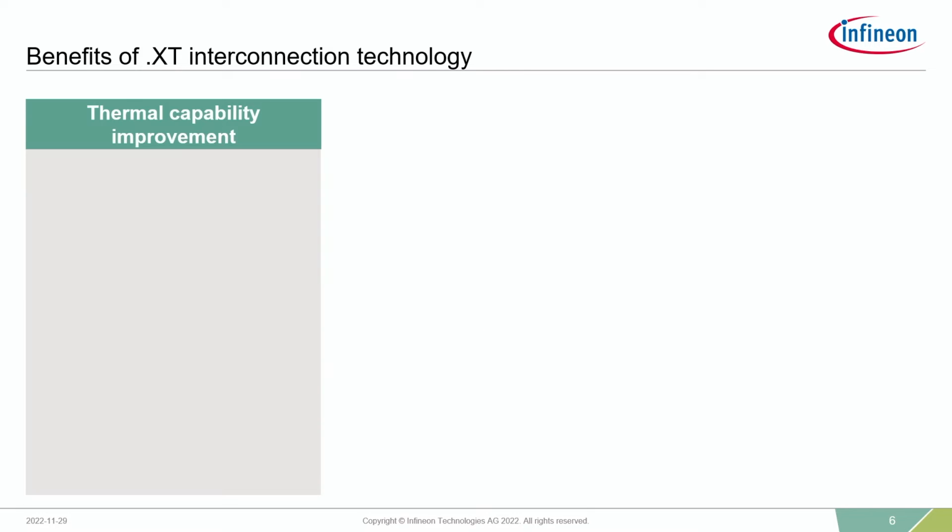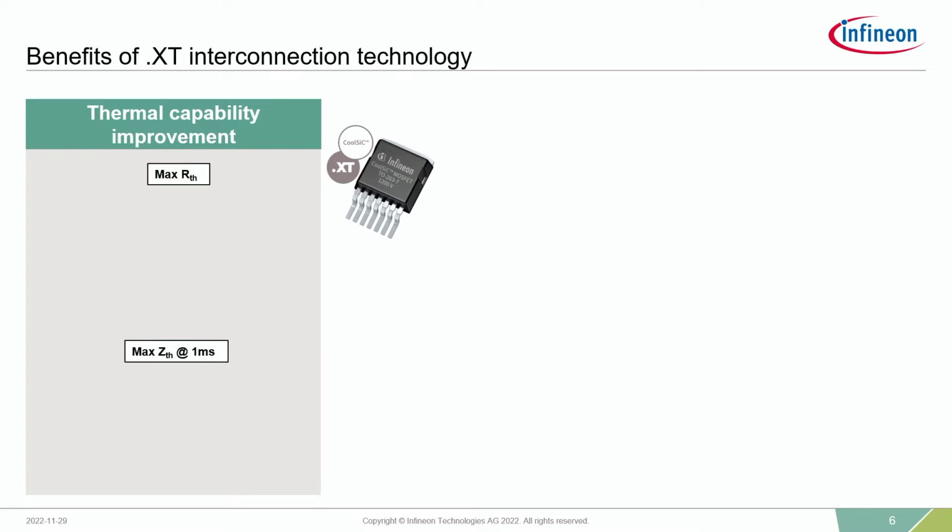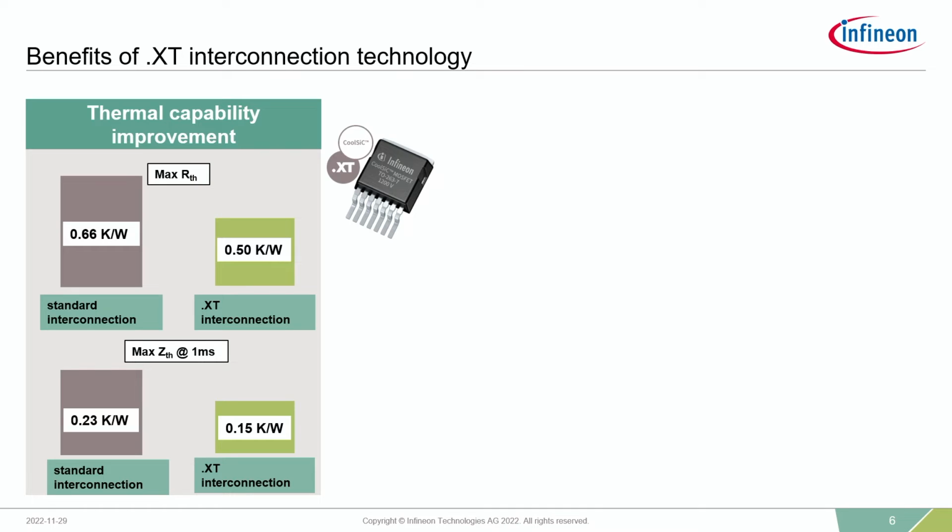The new CoolSiC MOSFETs take advantage of the improved TO247 package using Infineon's .XT interconnection technology. This technology features an advanced diffusion soldering die attach process. The main benefit of this packaging technique is the significant reduction of the bond line thickness, resulting in significantly higher thermal conductivity. This results in a reduction of the junction-to-case thermal resistance as well as the thermal impedance of the device.